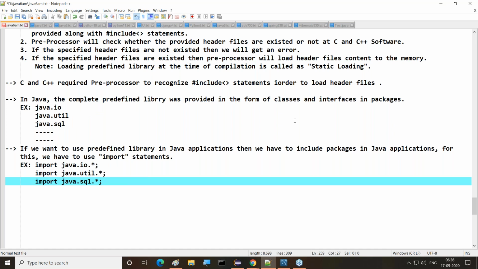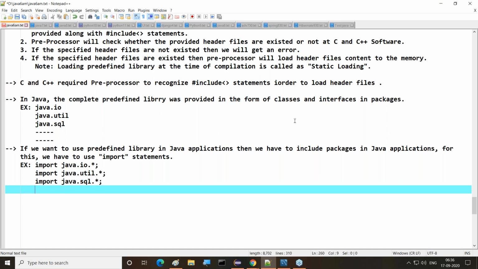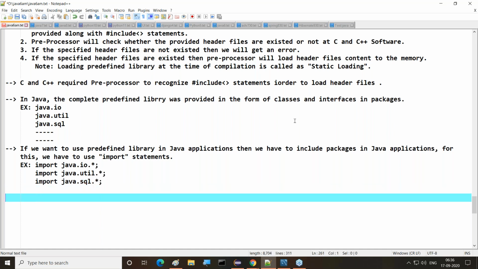It represents all classes and interfaces of java.sql. Like this, we are able to write import statements. Assume I prepared a Java program. Inside my Java program, I have included these import statements.